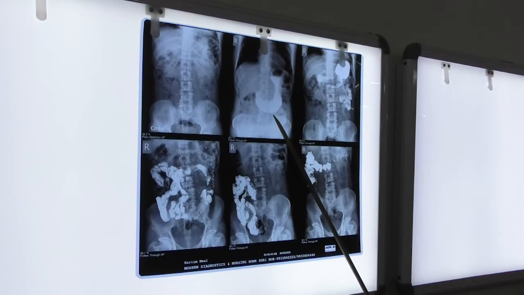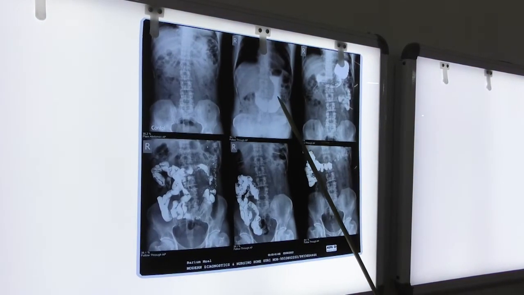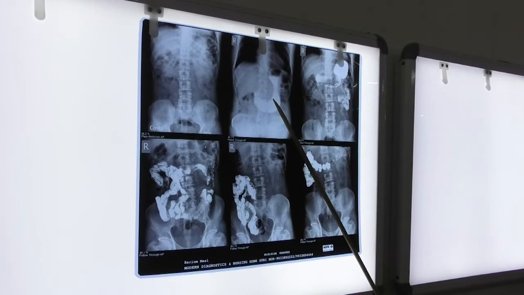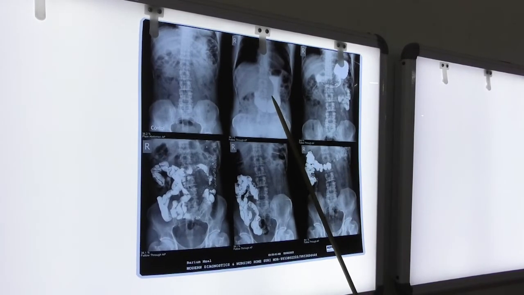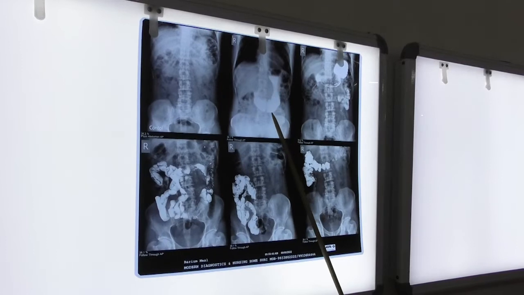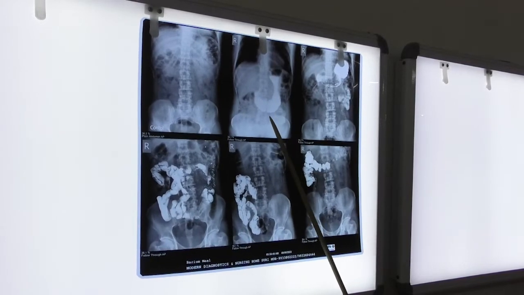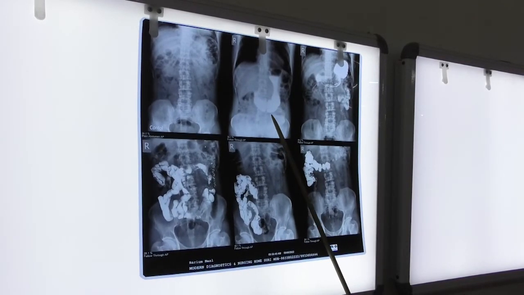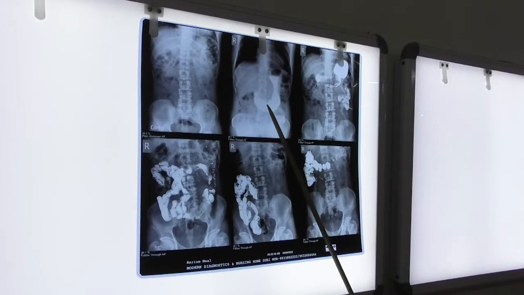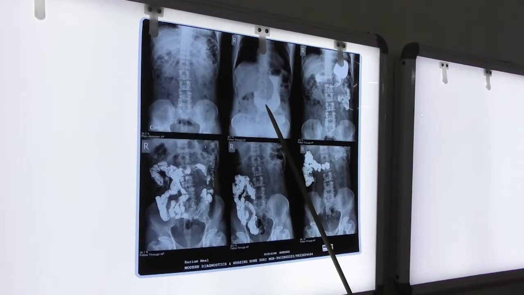This is the greater curvature. And here, from the incisura angularis, if we draw a line, this becomes the pyloric antrum, and then this area is called the pyloric canal.